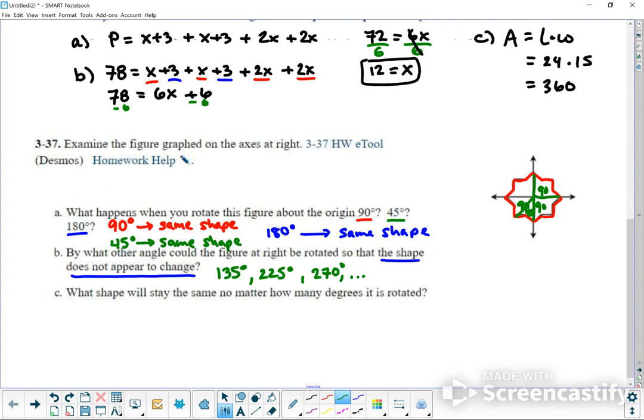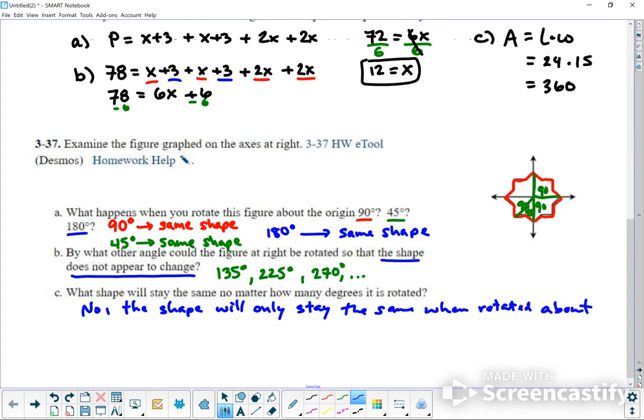Okay? Will the shape stay the same no matter how many degrees it is rotated? This would be no, right? So I would say no, the shape will only stay the same when rotated about every multiple of 45 degrees.